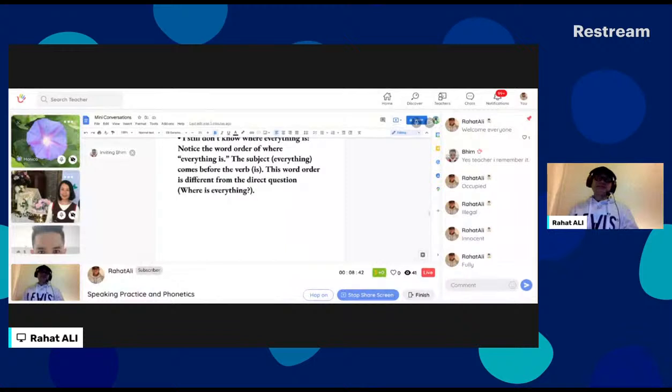So Monica and Aryan, if you see that in occupied there are 2 C together, and illegal there are 2 L, innocent there are 2 N, and fully there are 2 L. So according to this double consonant rule, we have to just pronounce only one. So it's occupied, illegal, innocent, fully.